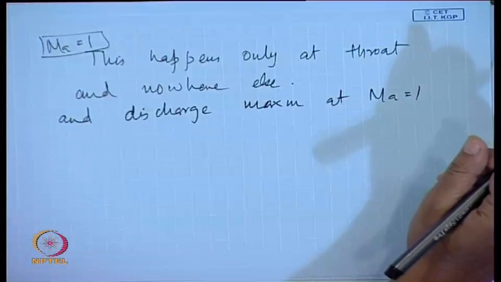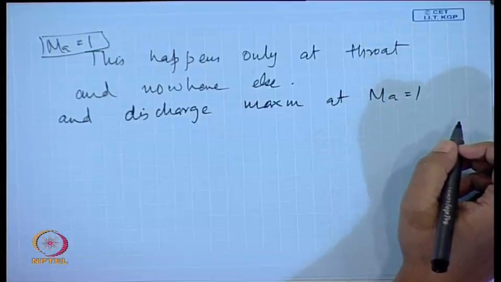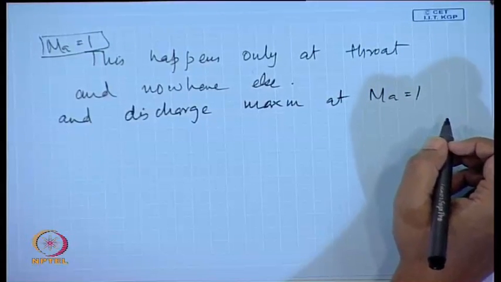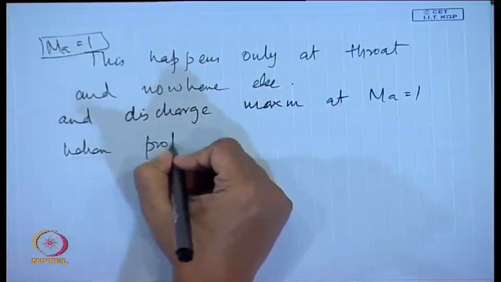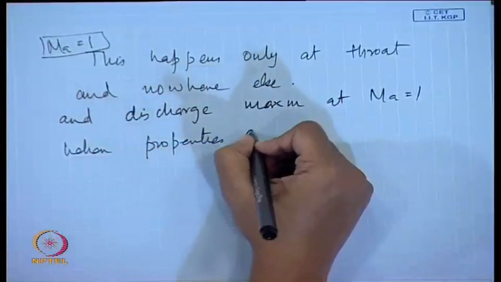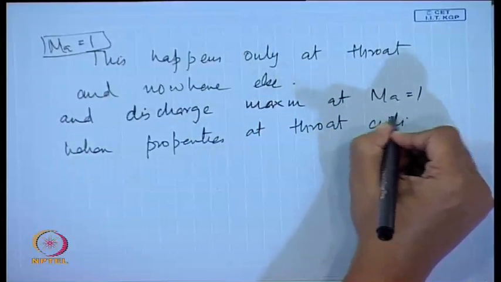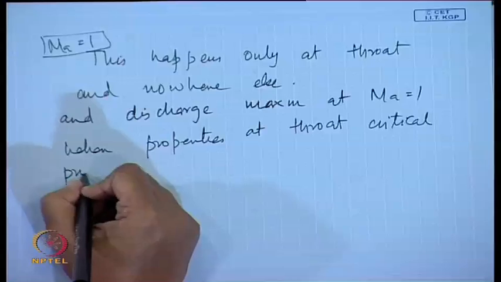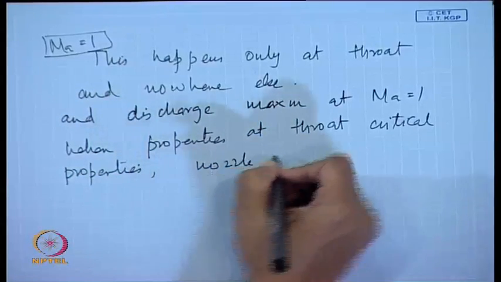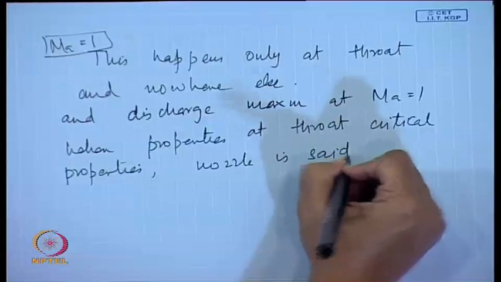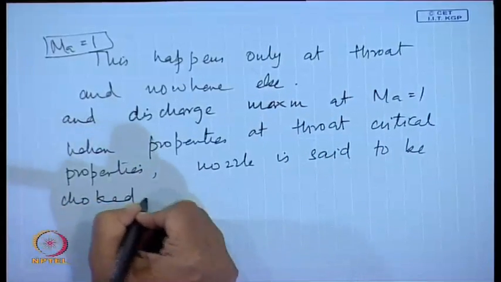So therefore, we find that properties at the throat can be the critical properties, and when properties at the throat are critical properties, the nozzle is said to be choked. It delivers the maximum flow rate.